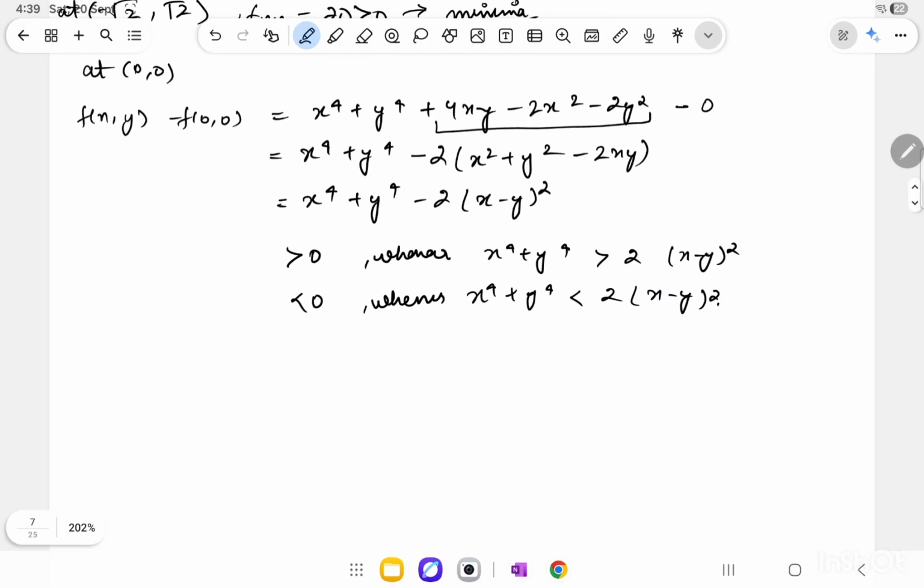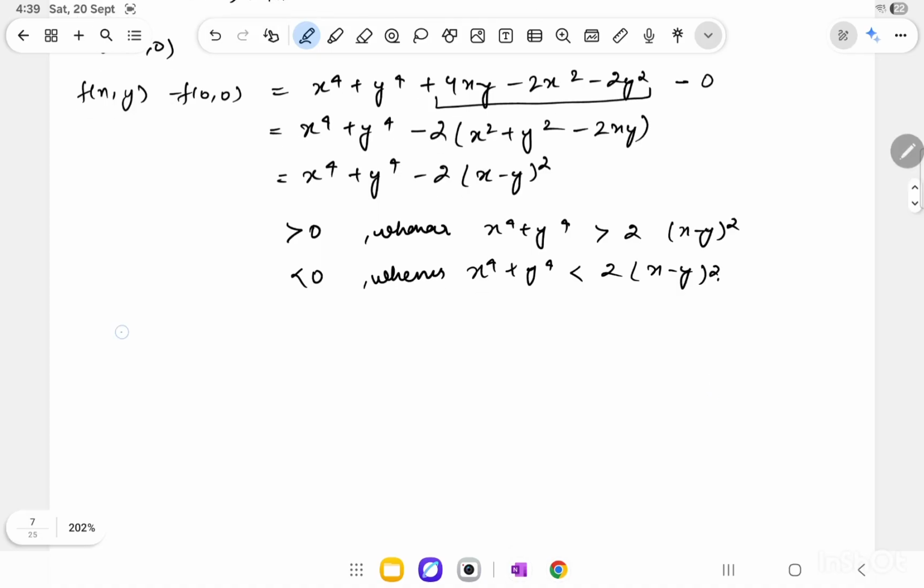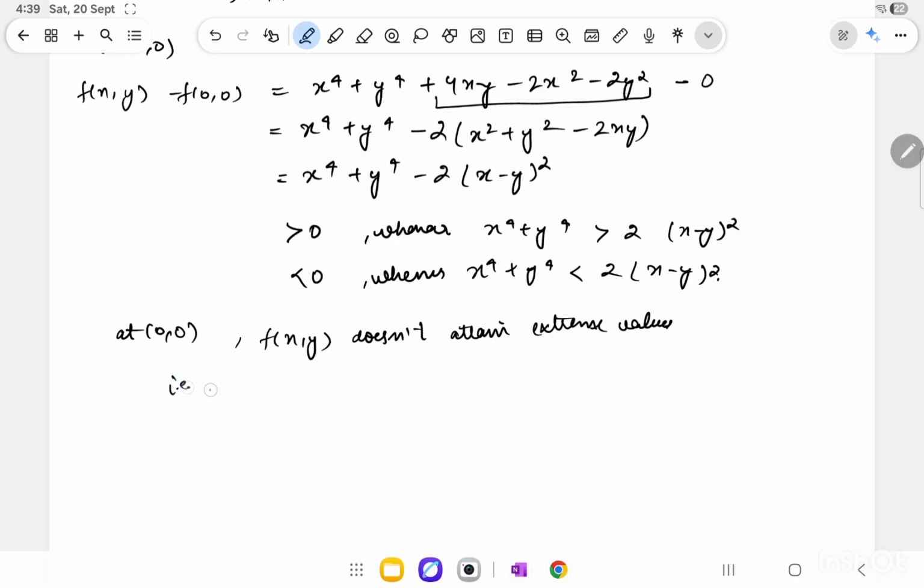So we can say that since its sign is not constant throughout, it is basically a saddle point. It's not a point of extrema. So at (0, 0), f(x, y) doesn't attain extreme values, that is, it's a saddle point.